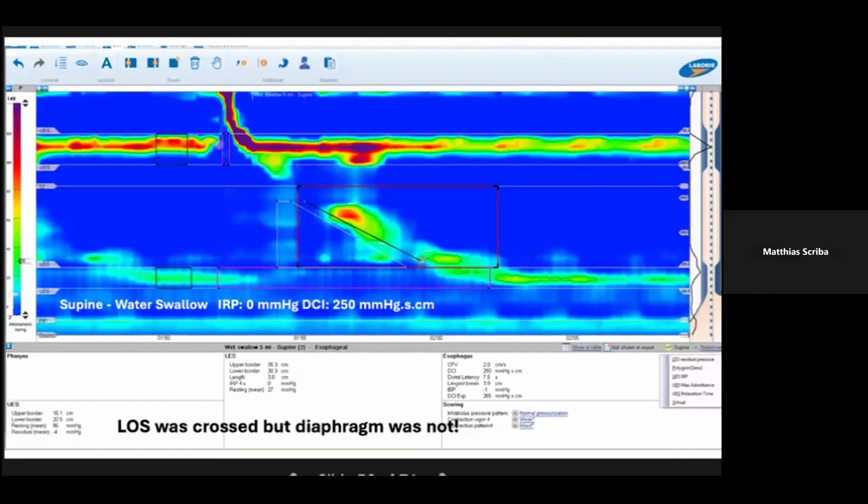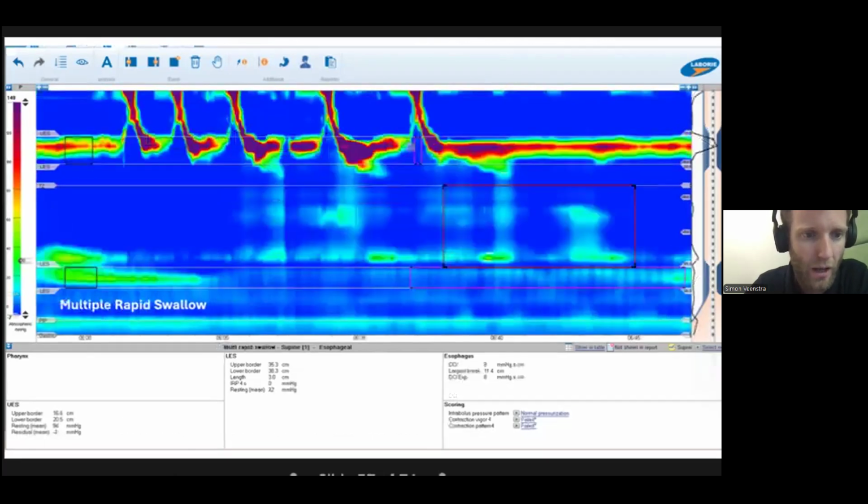DCI, the distal contractile integral, should be more than 450 and up to 8,000. So this would be classified as a weak peristaltic contraction.